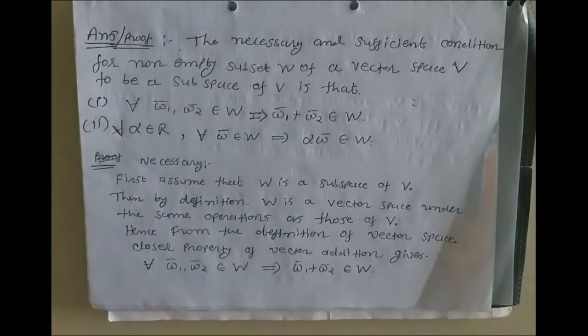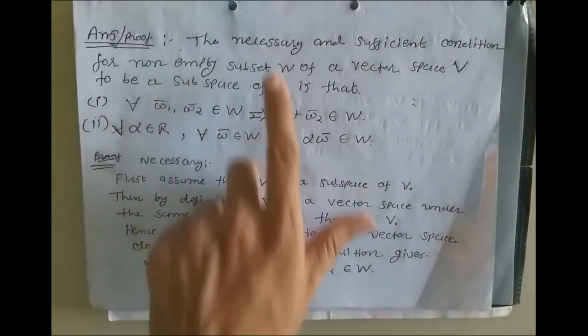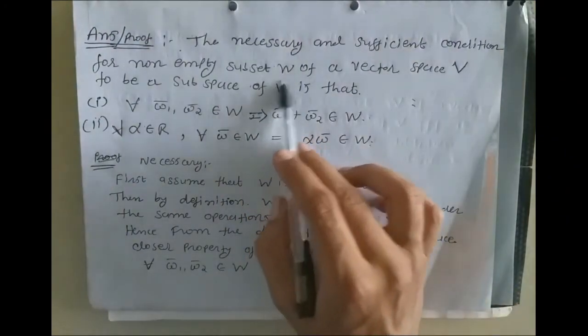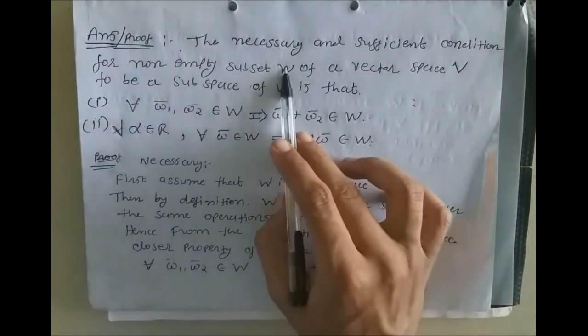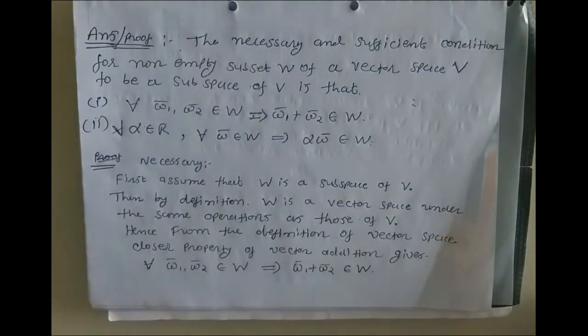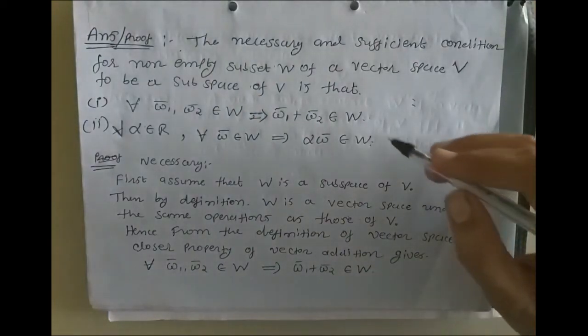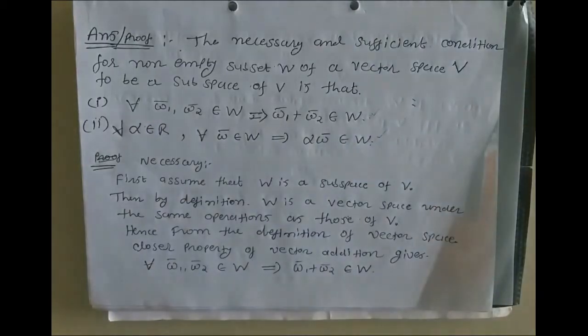So first we considered the necessary condition. For that we considered W as a subspace, so W is a vector space. From the definition of vector space, the first condition is closure property for vector addition, and the sixth condition is closure property for scalar multiplication, which gives these two conditions. In this way we conclude our first part.